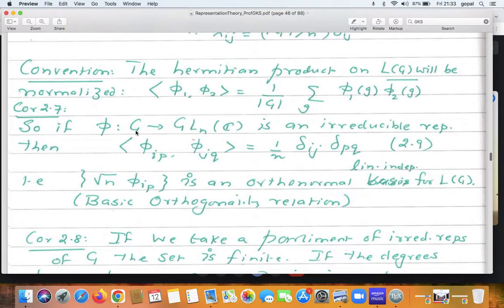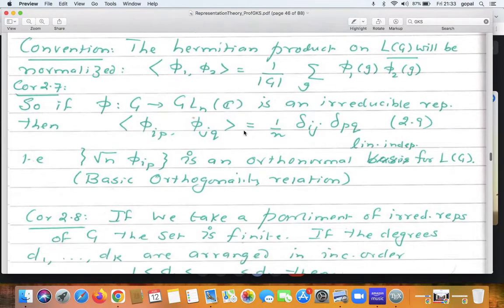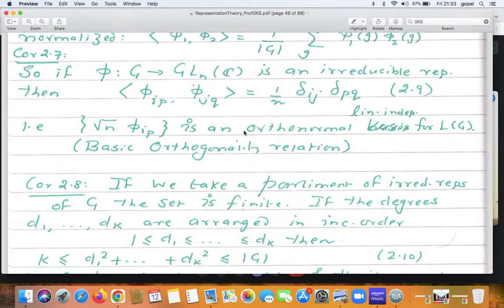So now we see that if phi from G to GL(n, C) is an irreducible representation, you take the matrices phi(g), and the entries of the matrix give you an orthonormal system after a certain normalization. After multiplying by root n, it's going to be an orthonormal linearly independent system for L(G).